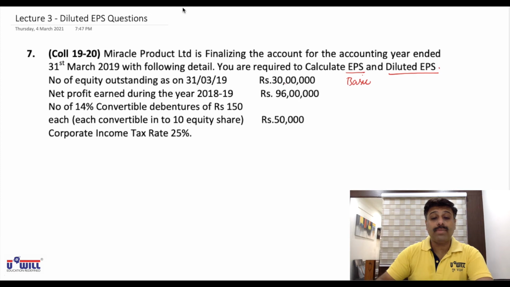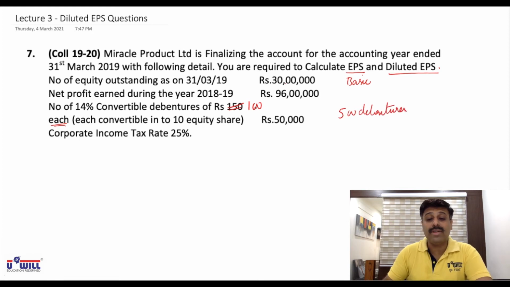Number of 14% convertible debentures of 100 each, make the correction, each convertible into 10 equity shares, 50,000. So how many debentures would be there? 50,000 divided by 100. 500 debentures would be there. 50,000 is the value, 100 is the face value. So 50,000 divided by 100, 500.